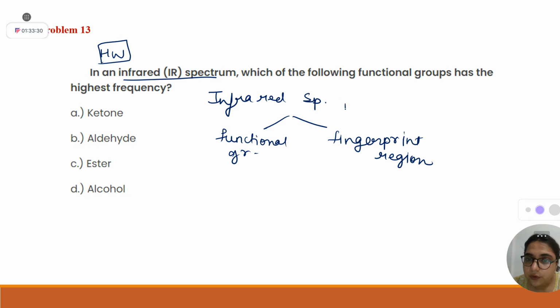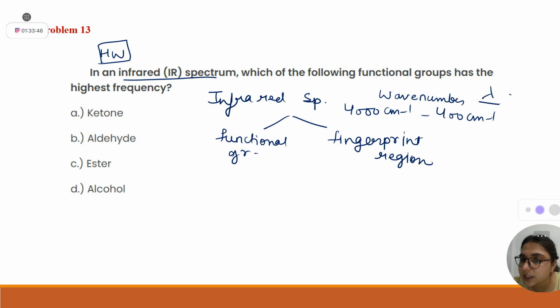So students, 4000 centimeter inverse to 400 centimeter inverse, this is your wave number. How am I calling it wave number? You know wavelength. The SI unit of wavelength is meter. If you take 1 by wavelength, this is your wave number. If you recall your 12th class, yes or no?